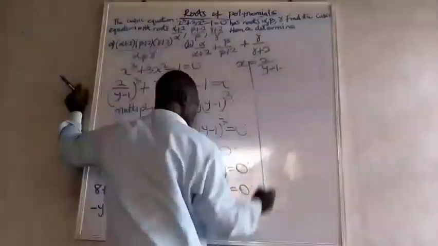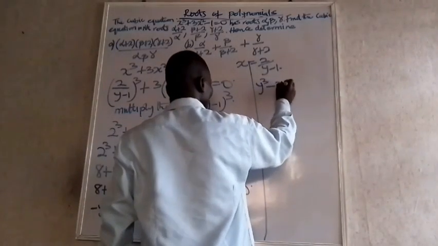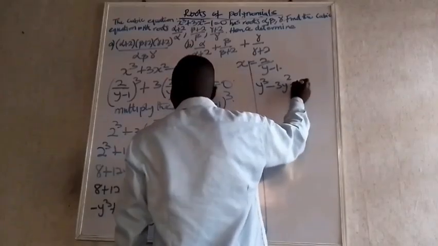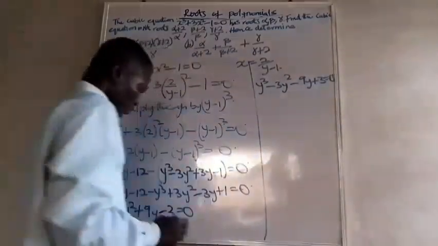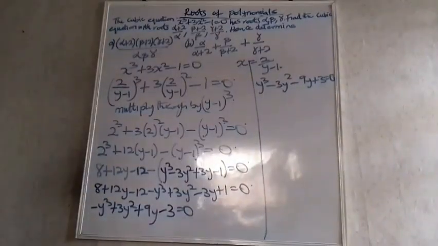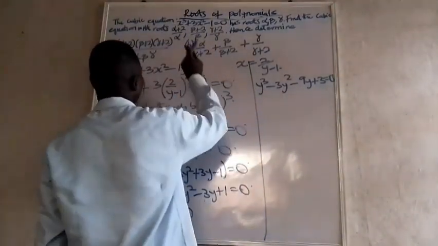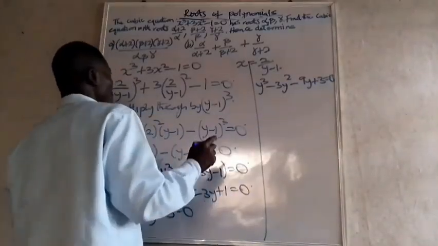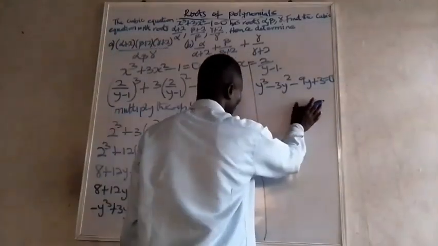So I can write it again as y cubed minus 3y squared minus 9y plus 3 equals 0. So this is the equation with the roots alpha plus 2 over alpha, beta plus 2 over beta, and gamma plus 2 over gamma. So this is the equation.